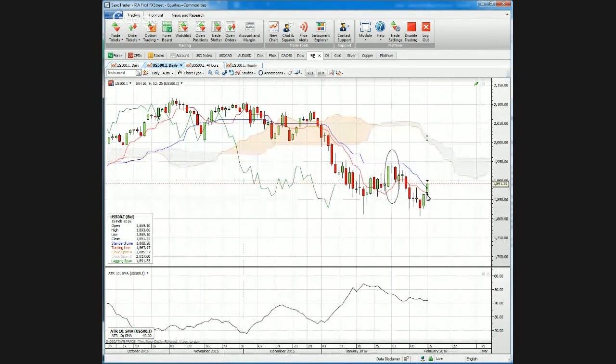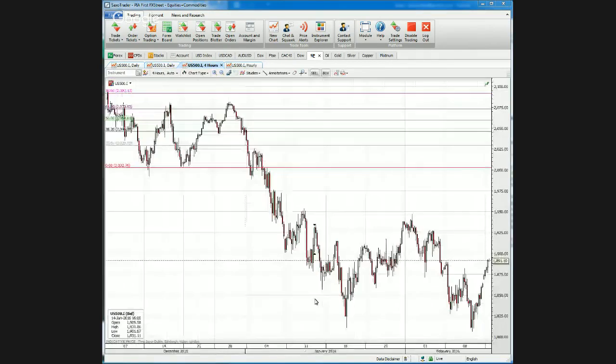So we expect this move higher to continue, and positive price action into this week. But we'd be looking for the 1950 area to give us a decent signal, and maybe to fade into that area. But there's nothing really that jumps out in the S&Ps.